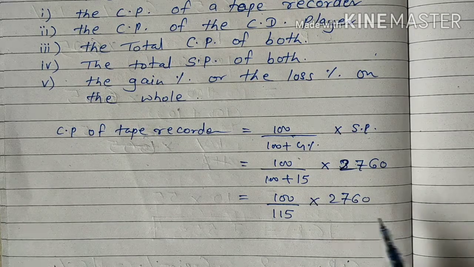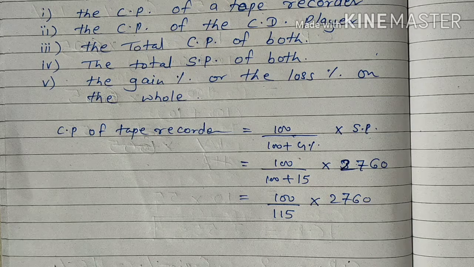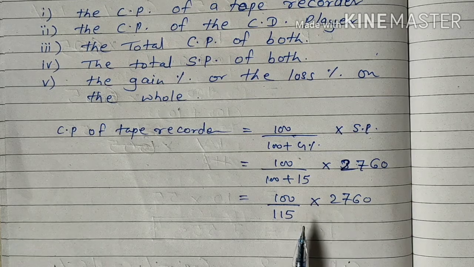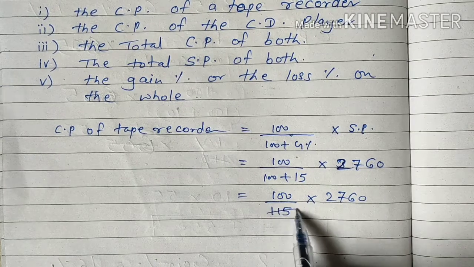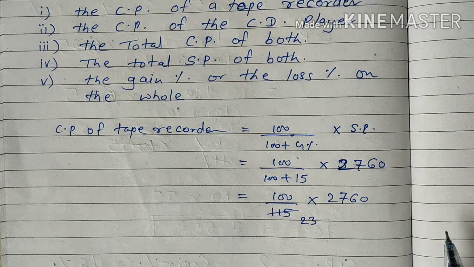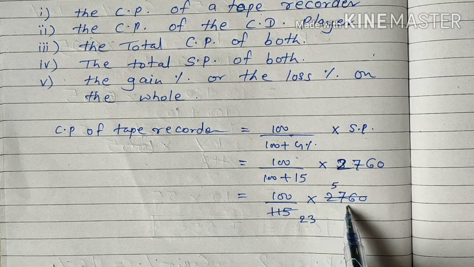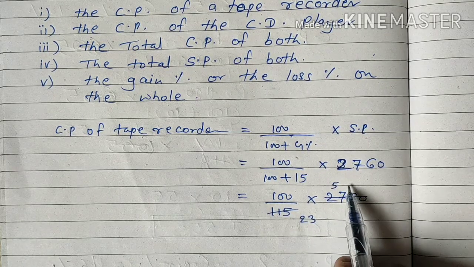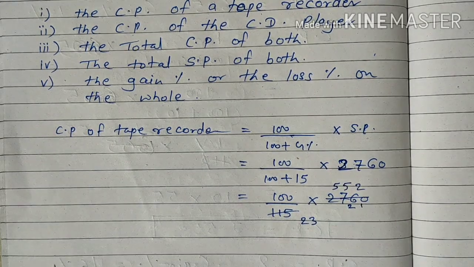Then let us divide these two things. Now if we divide both of them by 5, then what will happen? 5 2s are 10 and 5 3s are 15. Also when we divide by 5, 5 5s are 25, 2 is there, again 5 5s are 25, 5 2s are 10.